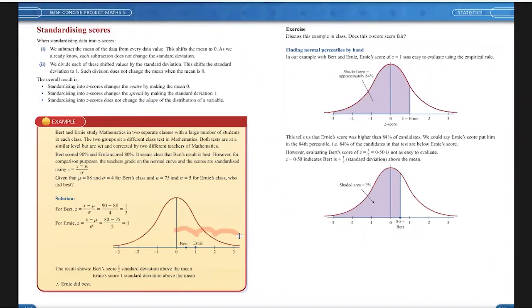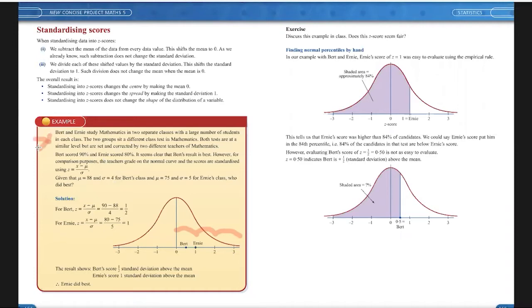We use them for comparisons, or comparing, I suppose, between different types of data to make a good comparison. And again, we don't have to do it, but I want to give you the type of question it's good for. So Bert and Ernie study maths in 2 separate classes with a large number of students in each class. I'm reading here in the example.